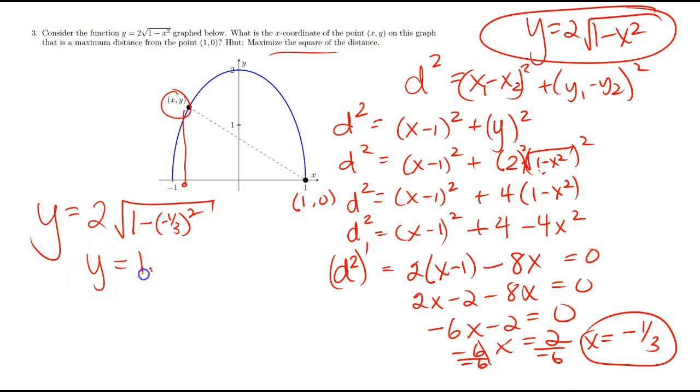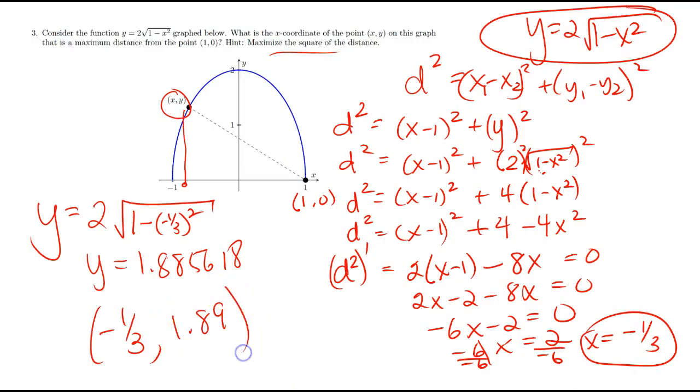So y equals 1.8... oops, sorry, 1.8856, blah, blah, blah. So depending on how many points he said, our point would be negative 1/3, 1.89. I'm just going to see if I can make that a fraction. Nope.